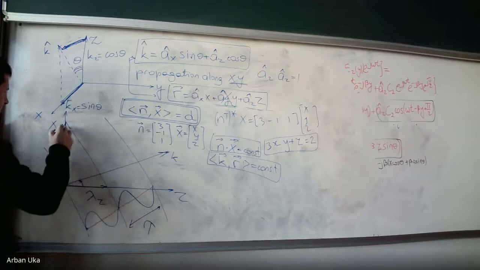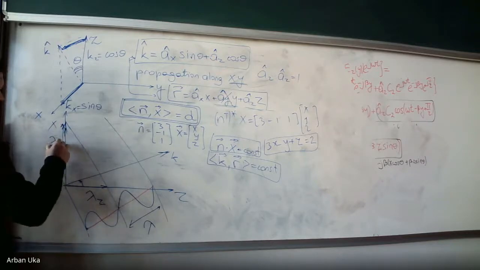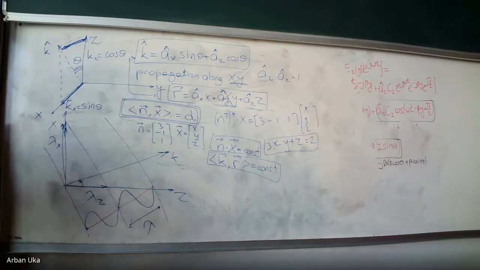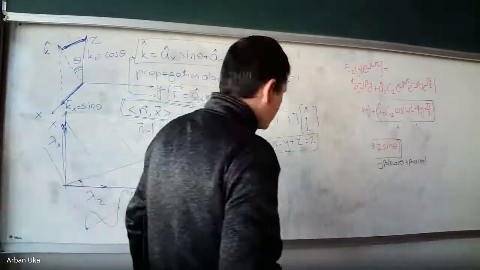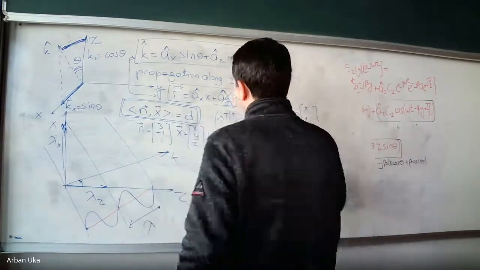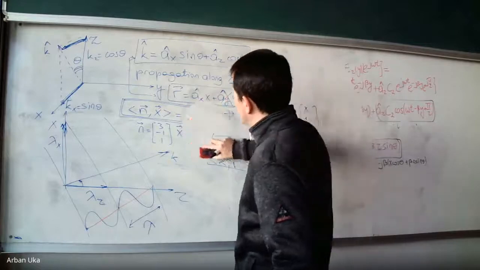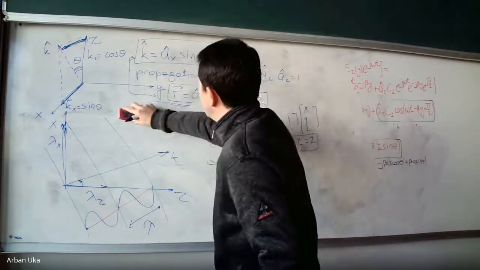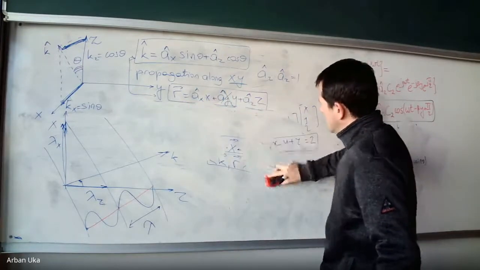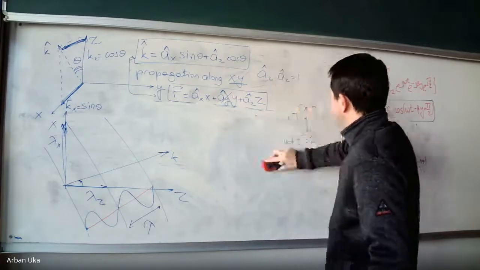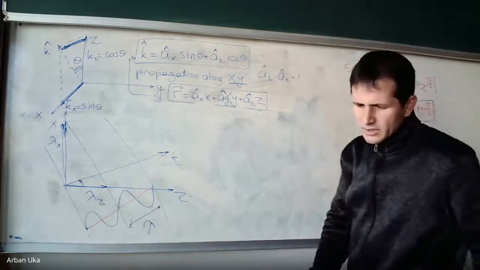The wavelength along the orthogonal directions, okay? Let's not forget that x and z are the orthogonal ones. And the equation of a plane in vector notation, let's not forget it. We're going to need it soon.